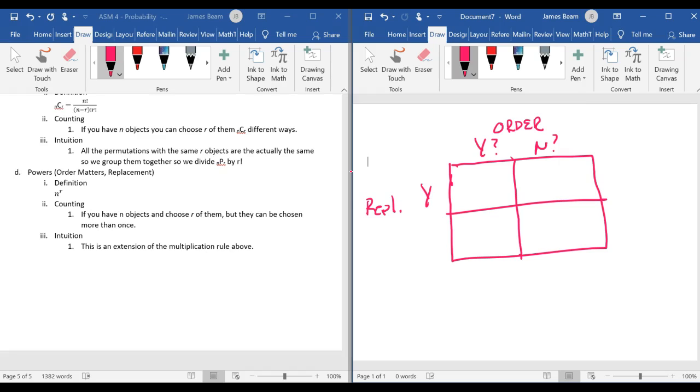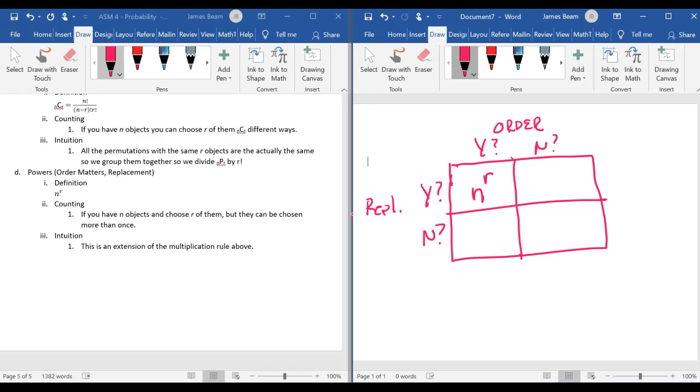Yes, no. Okay. So the first question is, okay, order matters and there's replacement, right? So that's the powers. Order matters and there's replacement. There you go.